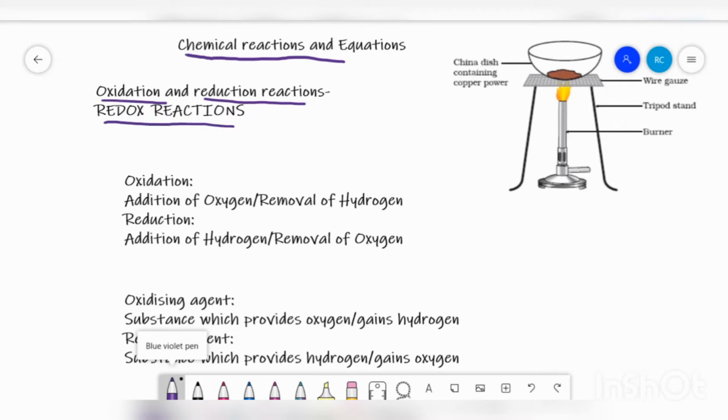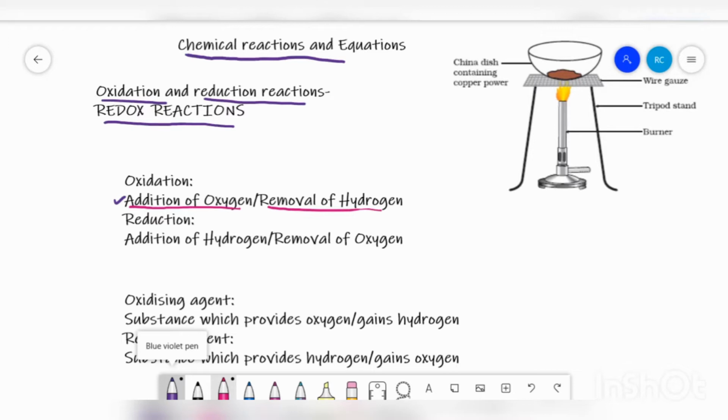So what is an oxidation reaction? As the name indicates, it is addition of oxygen, or we say it is the removal of hydrogen. So oxidation means addition of oxygen or removal of hydrogen, because in some reactions oxygen is involved, in other reactions oxygen is not involved. In reactions in which oxygen is involved, we can use the first definition, that is addition of oxygen.